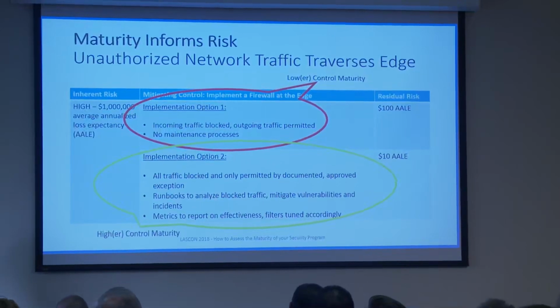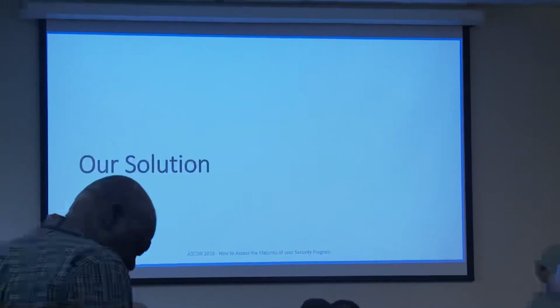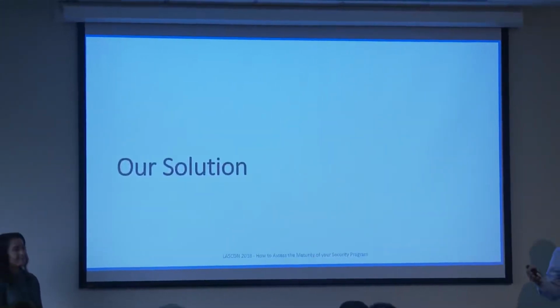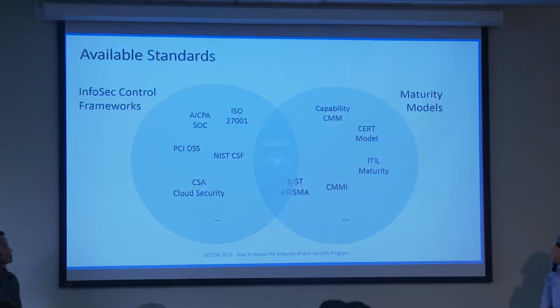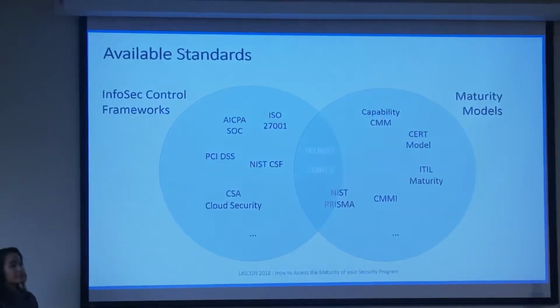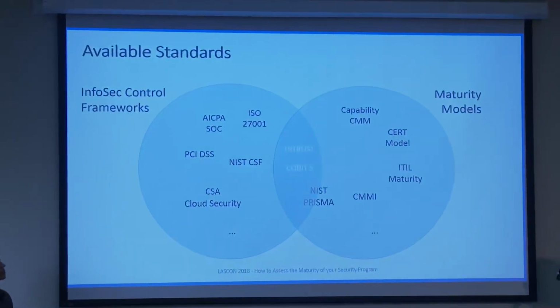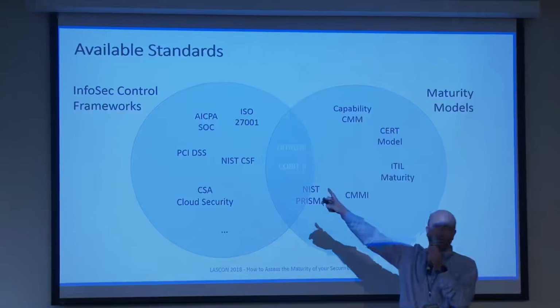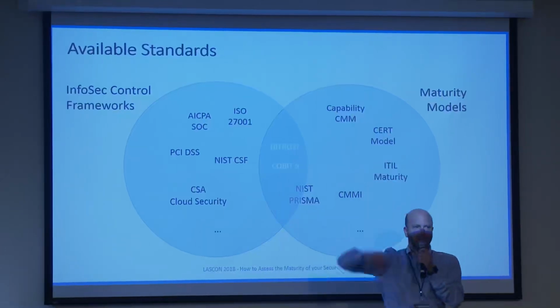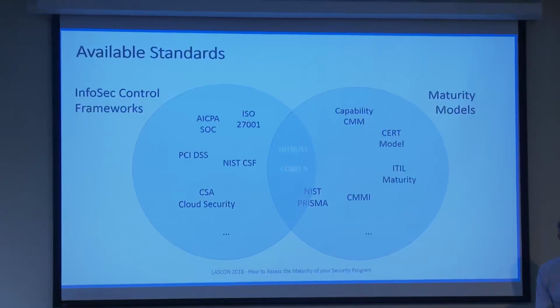So going forward from there, what did we actually come up with to look at maturity of our controls? There's a lot of standards out there. Those of you in the compliance world know a lot of these acronyms. There are frameworks that give you lists of security controls to implement that you can use as your baseline.